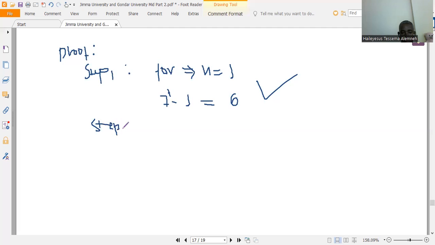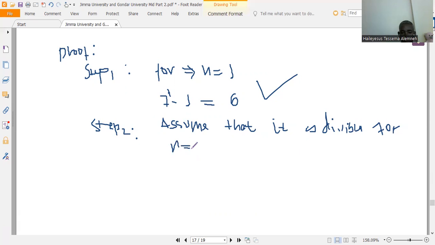On step 2, assume that it is divisible by 6 for the first n is equal to k terms.